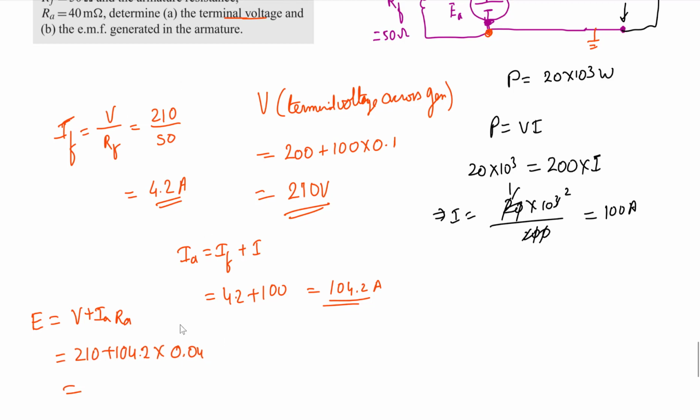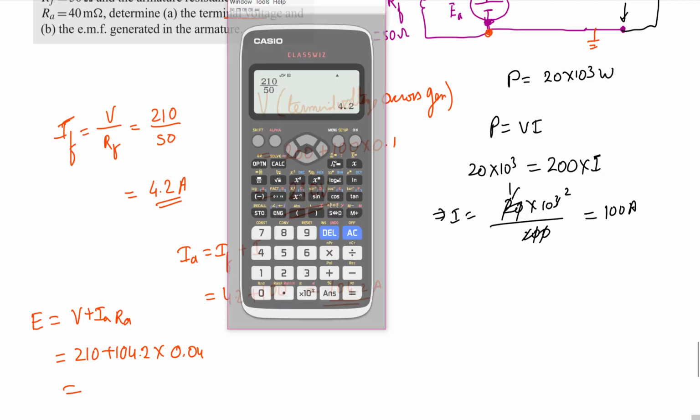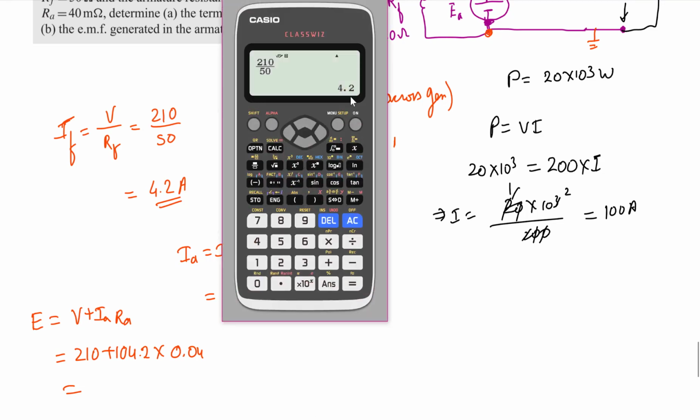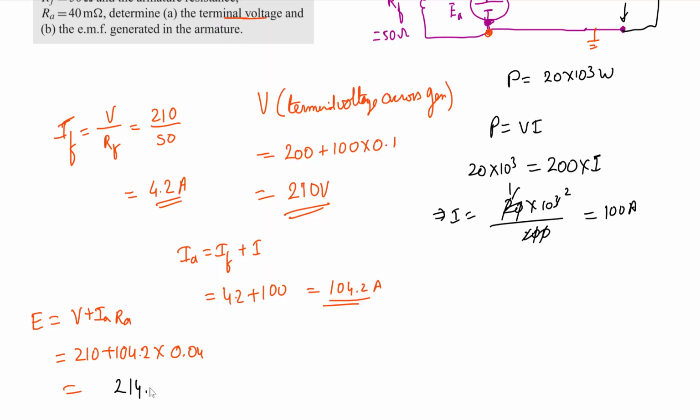So if I multiply, this is 210 plus 104.2 into 0.04, which is equal to 214.17 volt.